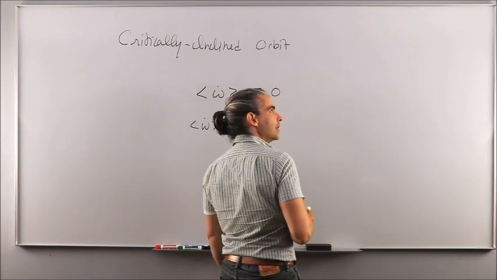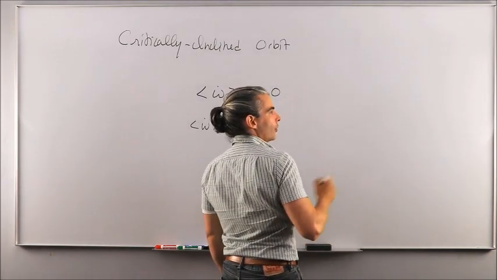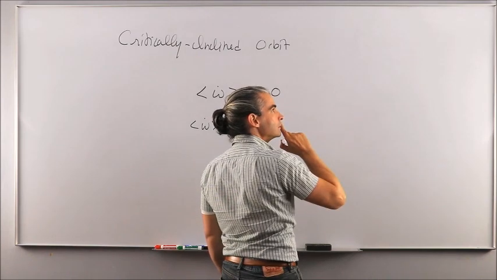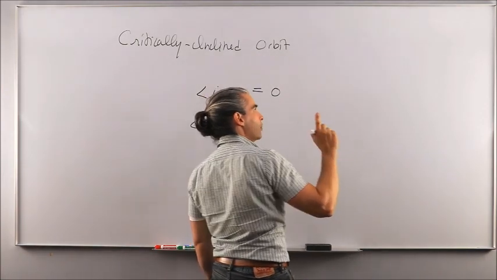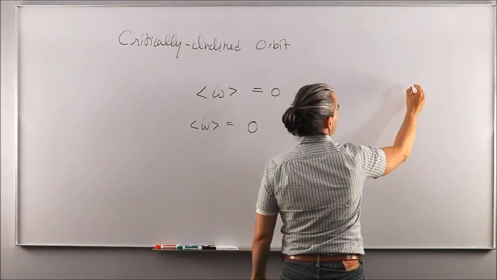Was that over the United States? No, I think they wanted to have the perigee always close to Russia. That's what they wanted, okay?